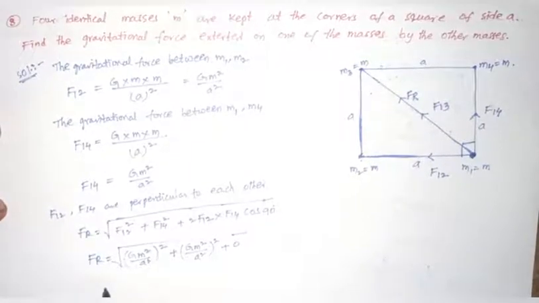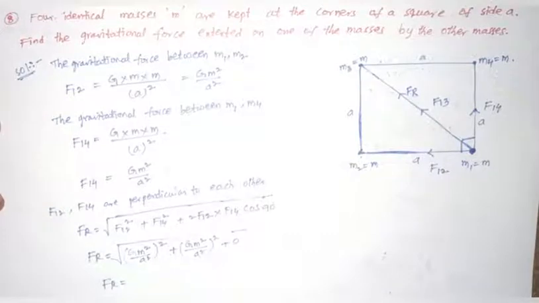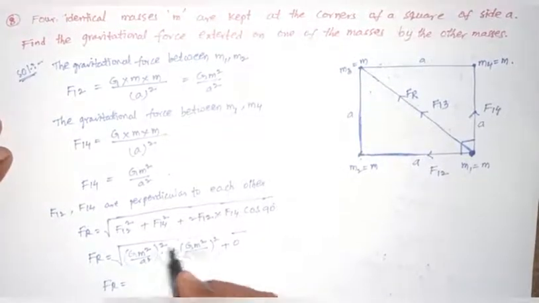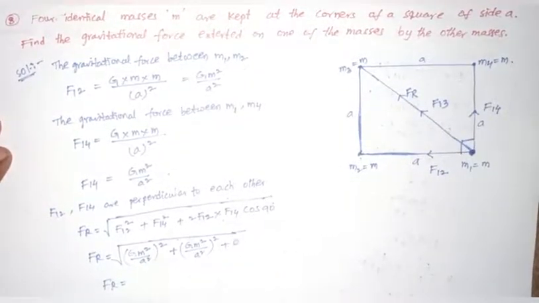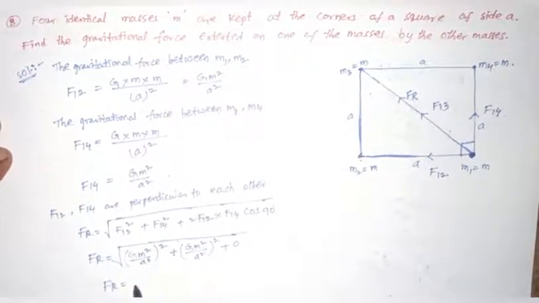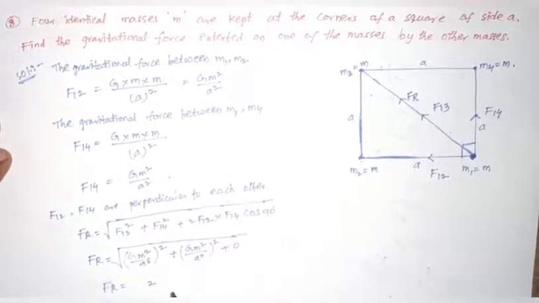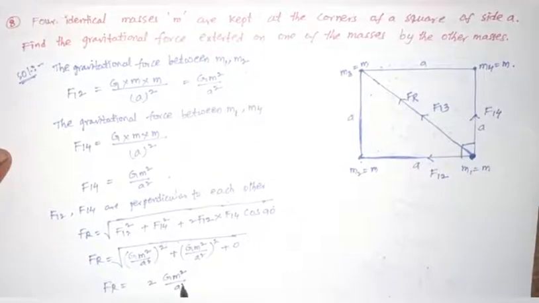So Fr equals the square root of 2 times G m square by a square whole square.